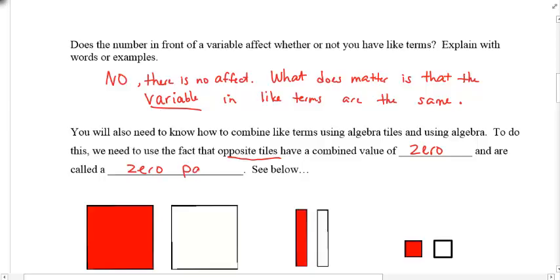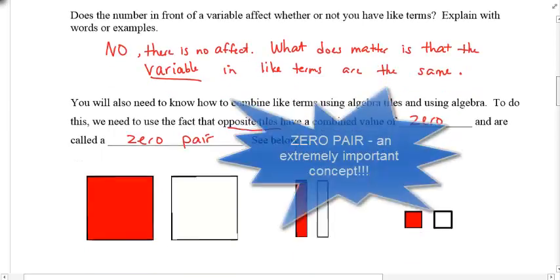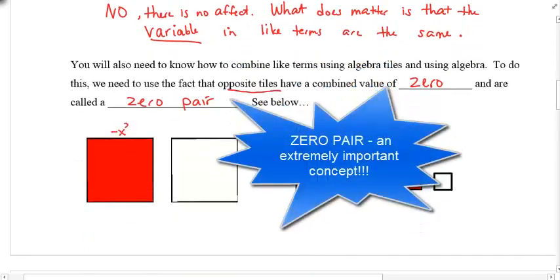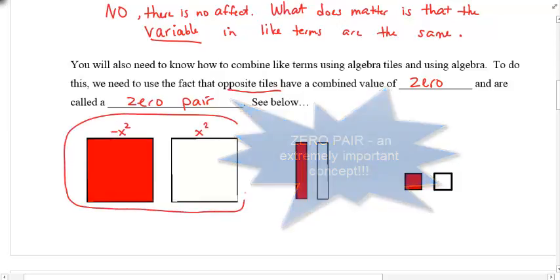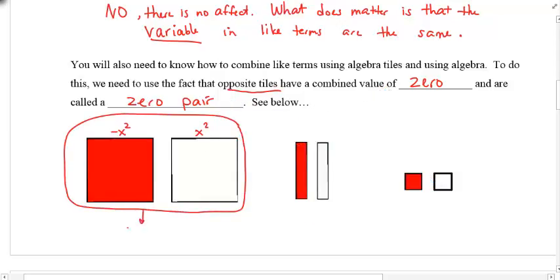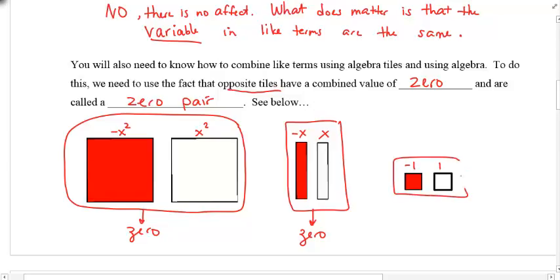So, you see here, this is like negative x squared. This is like positive x squared. And if I add them together, that gives me 0. Same thing here, negative x and a positive x. If I combine them together, this becomes a 0. Same thing here, negative 1 and a positive 1. If I combine them together, this becomes a 0. And that's what I meant by the statement above.